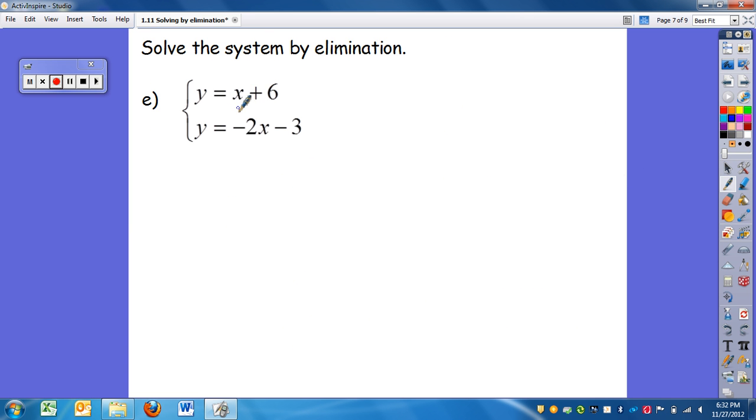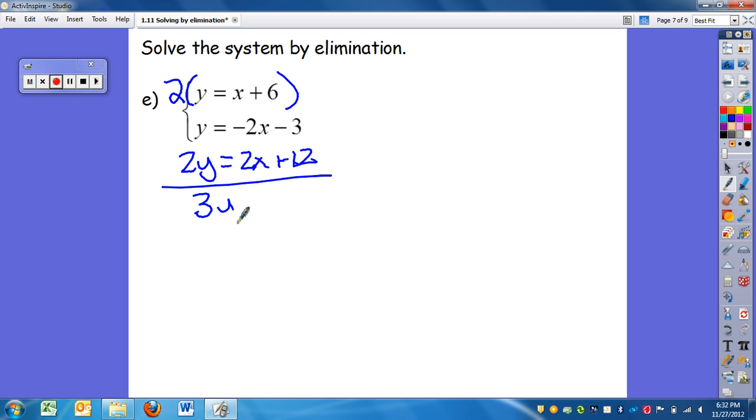So on E, notice the two are lined up. They're not as normal. We have y's and x's and then the numbers. So to do this by elimination, I just need one to be opposite. I can pick any one. I'm just going to get rid of the x's. So I'm going to multiply. This is -2, and I can make this a +2 by multiplying by 2. So I have 2y equals 2x plus 12.